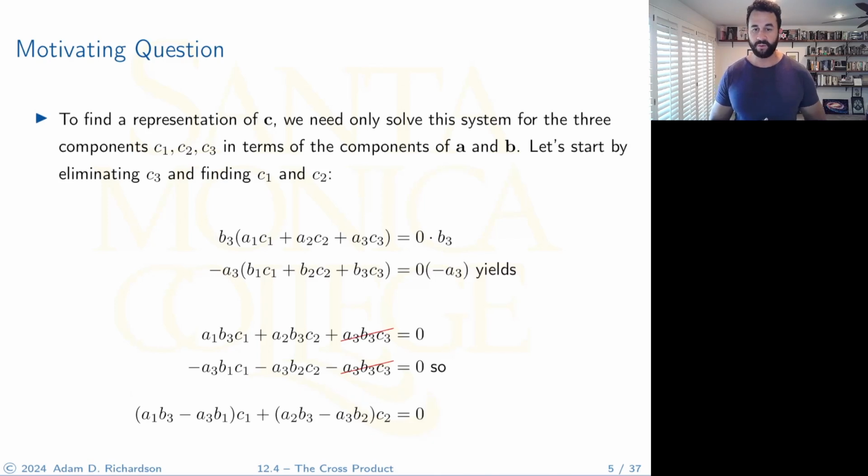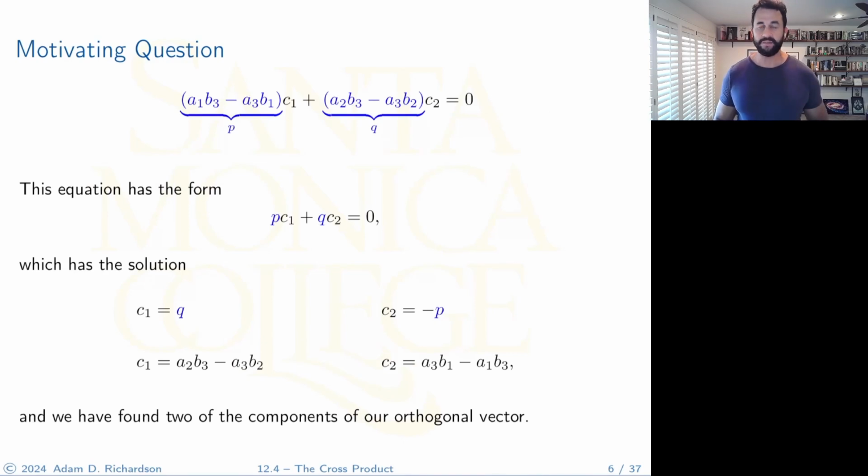Now we've separated things in a meaningful way in terms of C1 and C2, and we can view these as the coefficients of C1 and C2. We know the whole thing is equal to 0. Now this particular equation has this form.